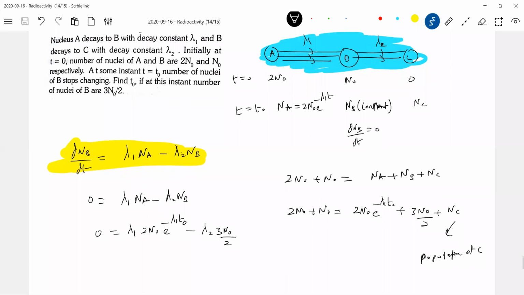I'll write the equation for t naught. The population of C also you can find out, work it out later on. This will be our answer. This is a rate equation.